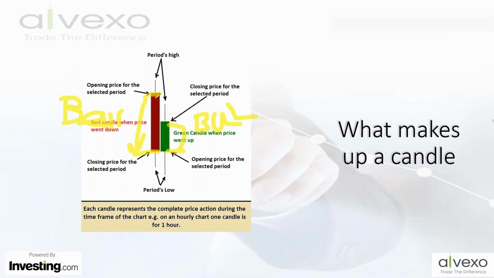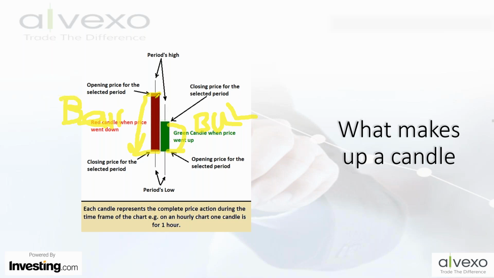And the reason this is kind of important, even though today you look at red and white candles, is because a lot of the names for the candlestick positions or patterns are named after the original black and white system. So you have 3 black crows and 3 white soldiers.